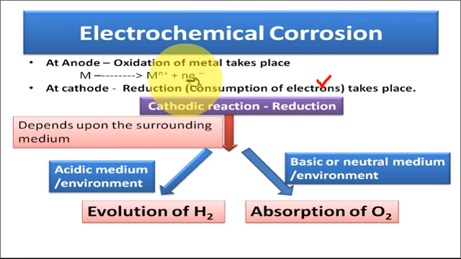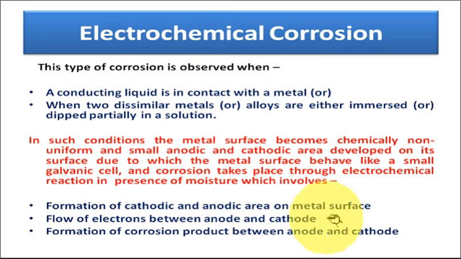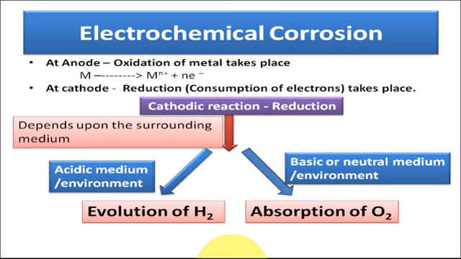So these electrons must flow from anode to cathode. Our second step, flow of electrons from anode to cathode, started, and electrons are now moved towards the cathodic part. Now at the cathodic part, consumption of these electrons takes place in the reduction reaction.